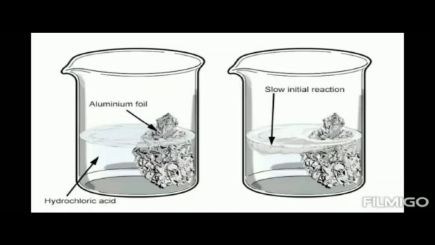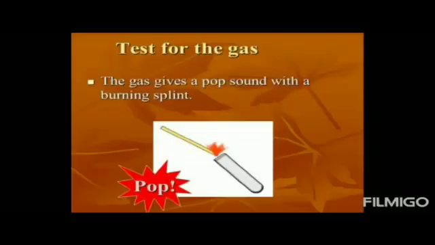Add some acid to each of the test tubes. What do you observe? Some gases evolve. Light a matchstick and introduce it in a test tube. The flame is put off with a pop sound. This indicates the gas evolved is hydrogen gas.